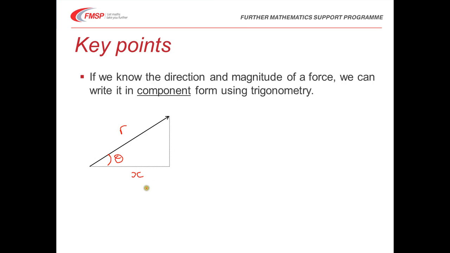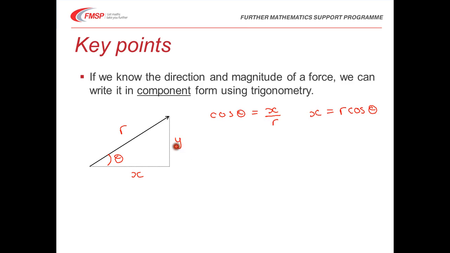In a second I'm going to want to know the vertical component. Now, using basic trigonometry, we can look at this triangle. We've got the adjacent and hypotenuse, so we know we're going to be involving cos. So we can write cos theta equals adjacent over hypotenuse. And rearranging that, we get an expression that x is equal to r cos theta.